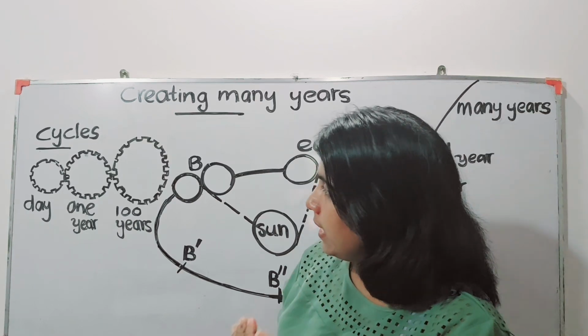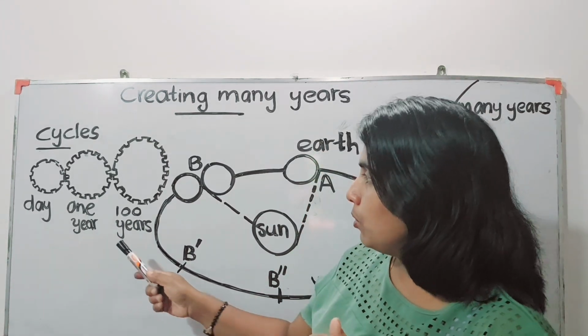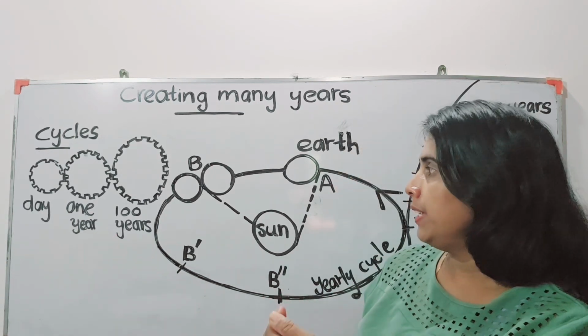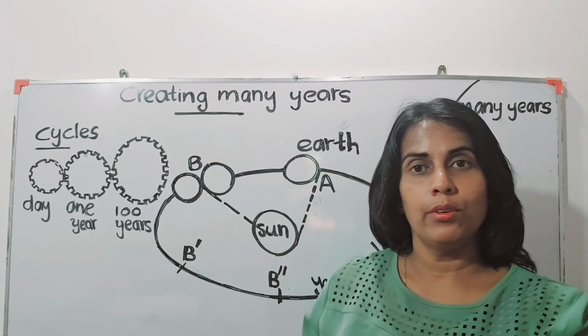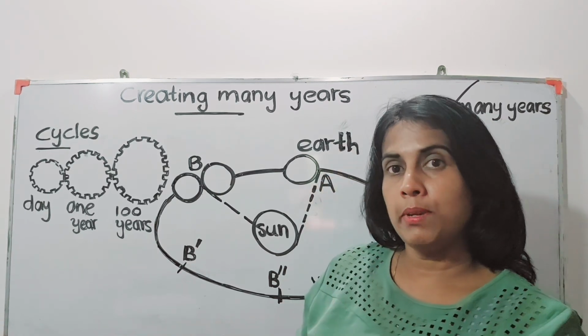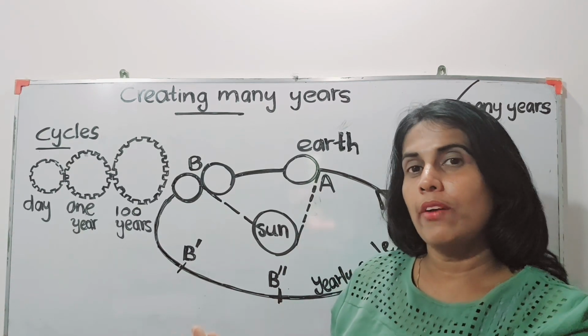So the days occur due to another cycle. That's the cycle of the year. And then the years also occur. Many years will take place. We experience many years because of another cycle, because the years also have to increase.